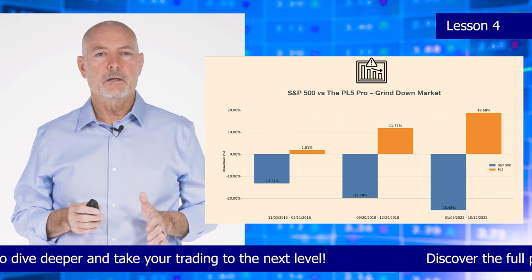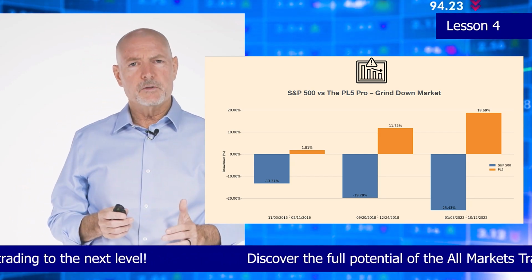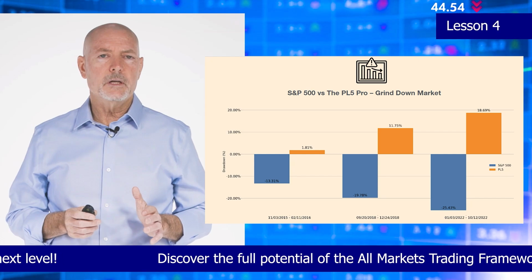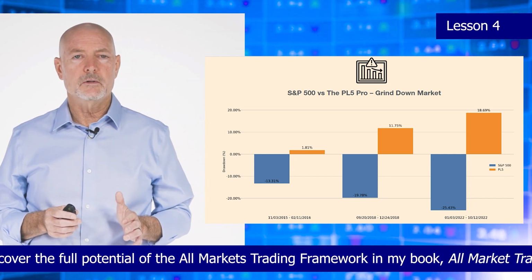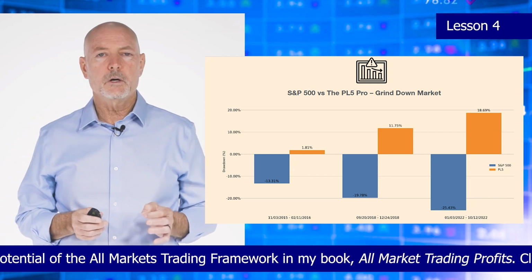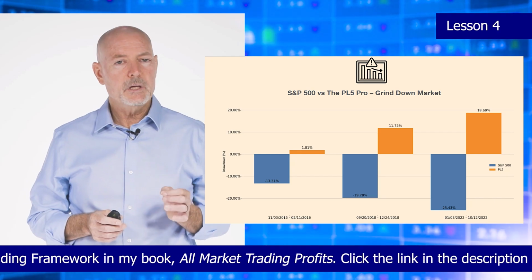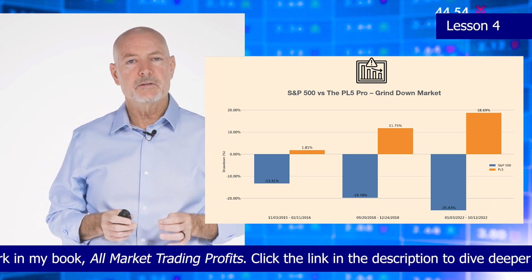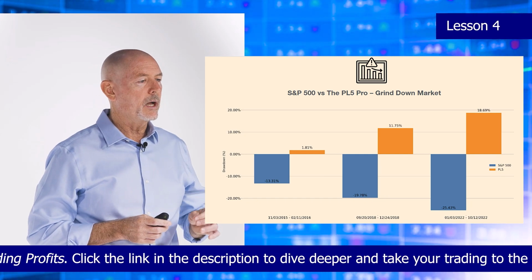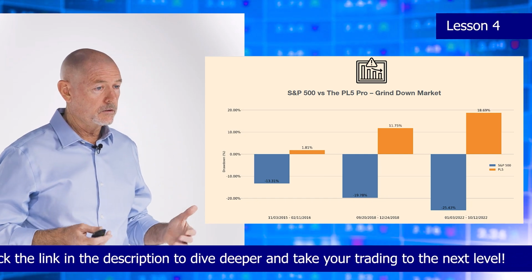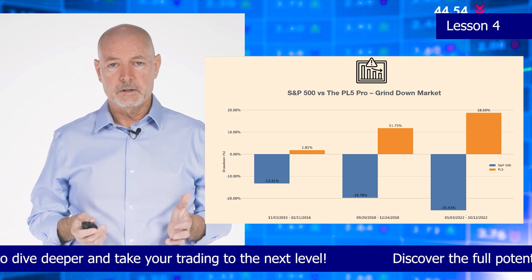A grind down market is a sustained period of gradual decline, typically around 10% or more, and an example is the 2022 market. From January 2022 to October 2022, the market fell 25.43%, but the AMP strategy gained 18.69%. In these markets, the AMP shines by leveraging a Greek called charm to navigate the declines and turn losses into gains.